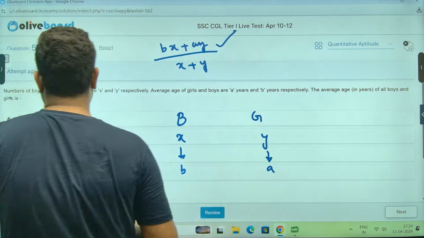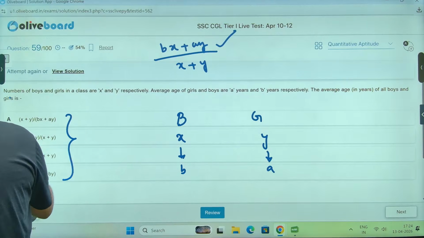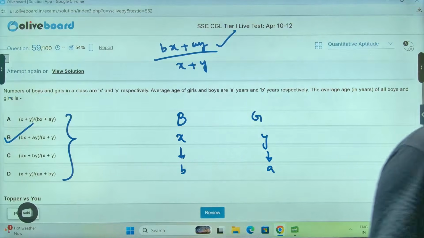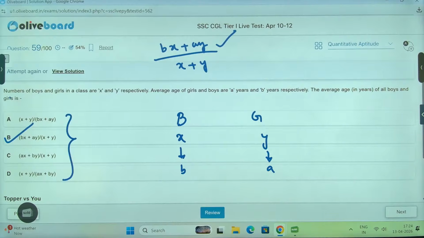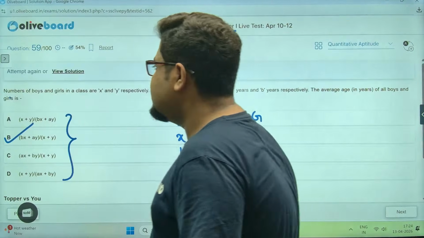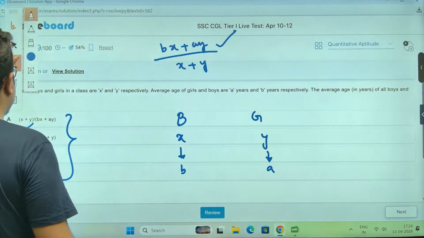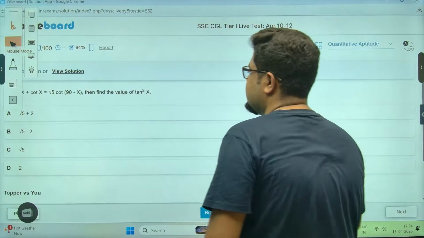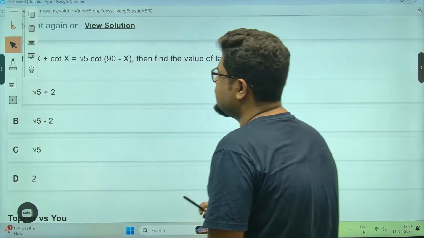That's my answer, option number B. Nobody can say, sir, this is very difficult. Simple, the basic expression of weighted average. Total of boys, total of girls by total students. Sum by n is average. Clear, everyone, I hope? Next one, please.